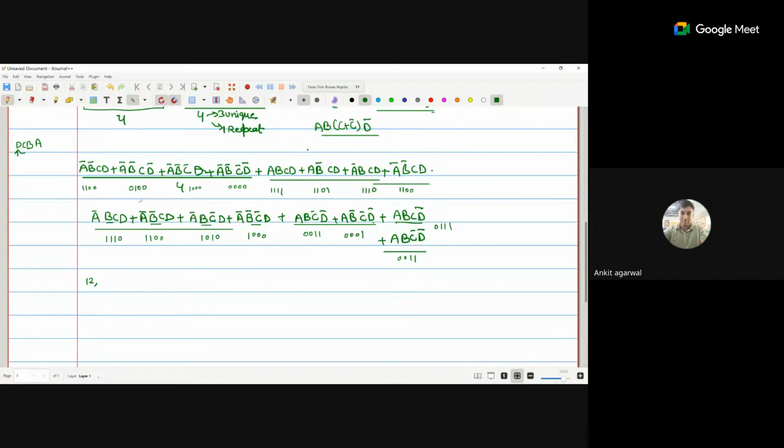So this is 12, 8, sorry, 4, 8, 0, 15, 13, 14. 12 is already there, so we discard this term. 14 already, we discard this term. 12 already, discard this term. 10, 8 already, discard this term. 3, 1, 7, 3 already, discard this term.